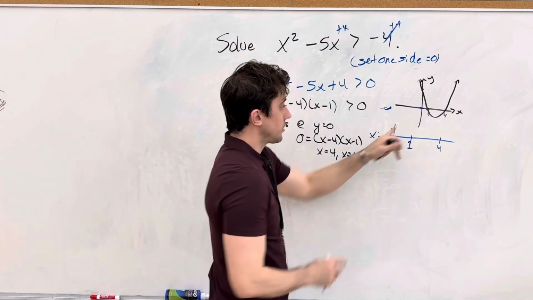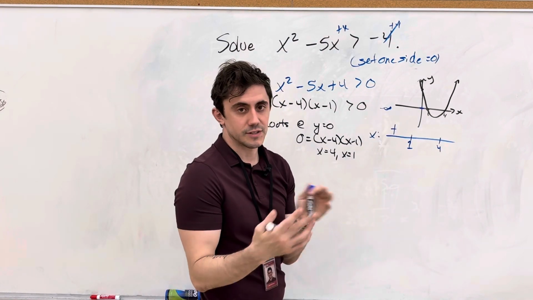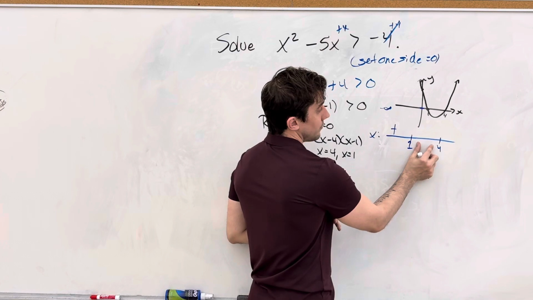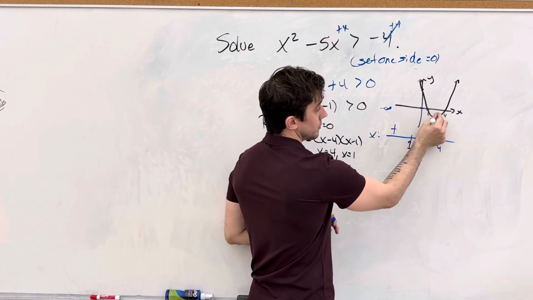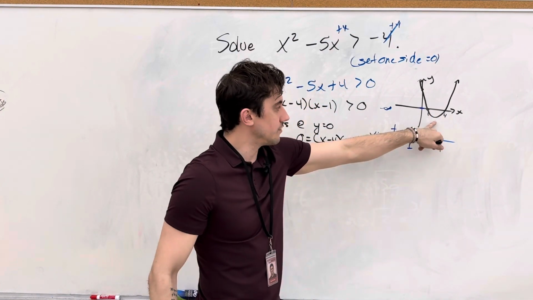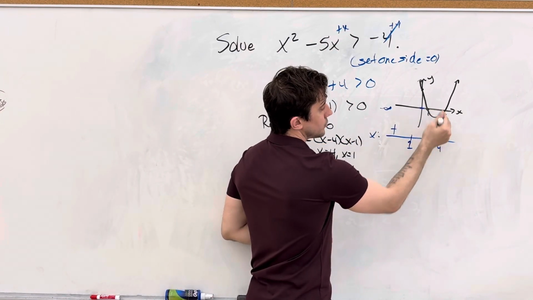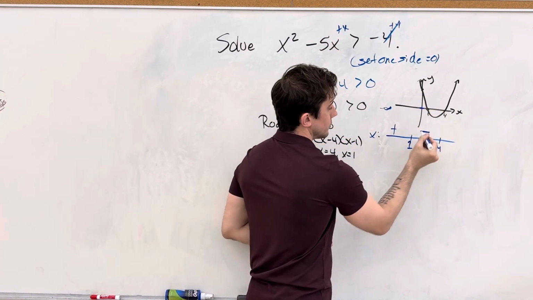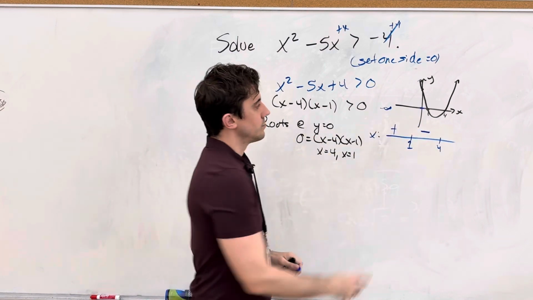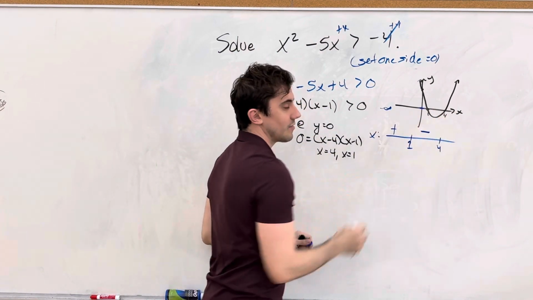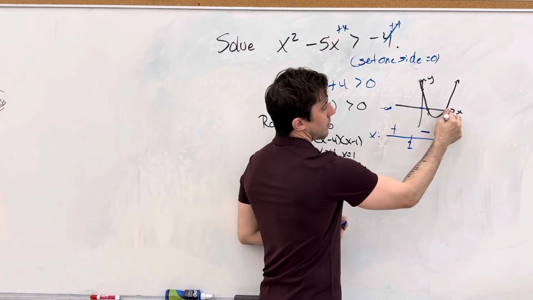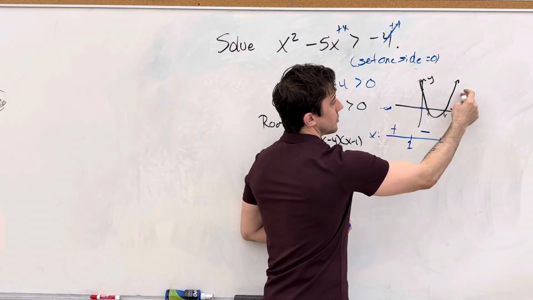At the root, the function is at 0, which is neither positive nor negative. But between 1 and 4, below the two roots, we're in the negative y values, right? And so the function itself has negative values between our two roots. See that it's below the x-axis in the negative y values. And then again, once we cross the root at 4, we're back into the positive y coordinates.